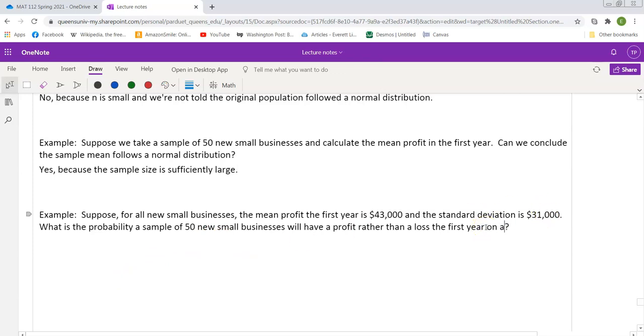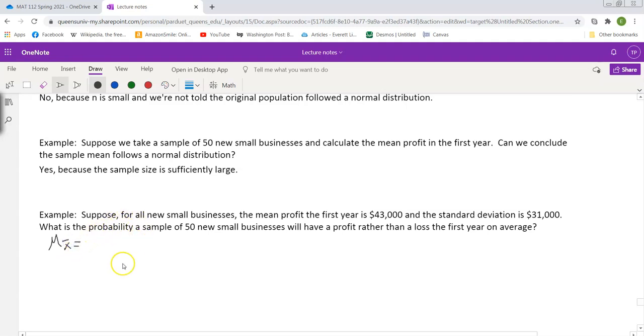And I want to add this word on average here. So the first thing we should do here is, and we already up here verified that the sample mean follows a normal distribution. Let's figure out what our mu sub x bar and sigma sub x bar are.